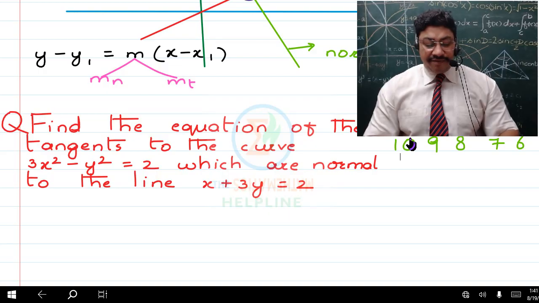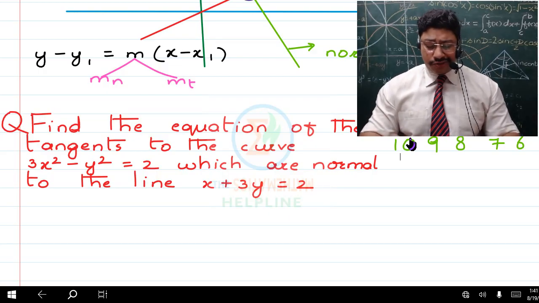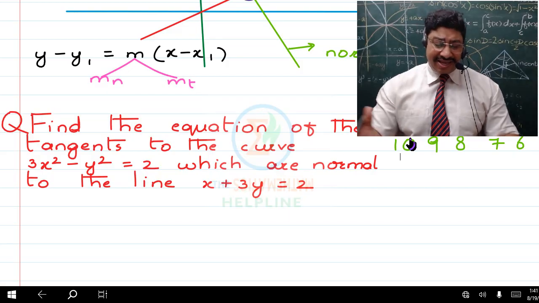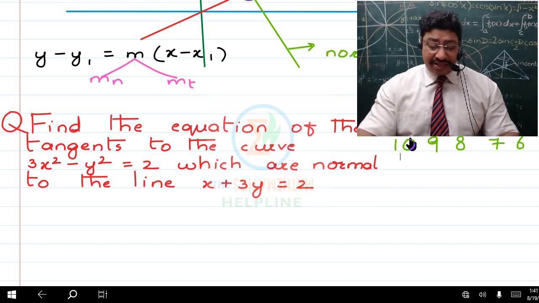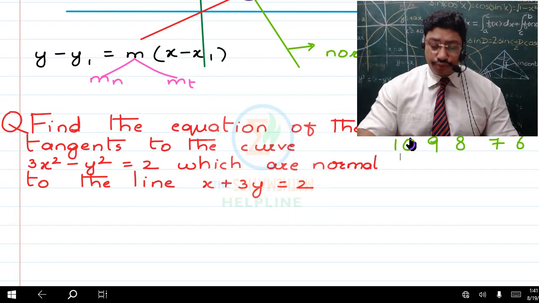After that we talk about tracing this out, and then we have a point at which we're going to talk about the tangent, and its equation is to be found, and this tangent is such that it is normal to the line x plus 3y is equal to 2, right?